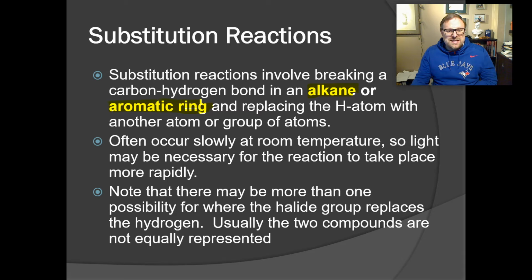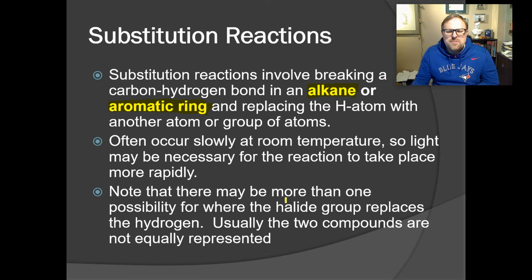Sorry, that's a lie. We're dealing with alkanes or we're dealing with aromatic rings, only carbons and hydrogens on them already. Okay, and then we're replacing the hydrogen atom that we broke off with another atom or group of atoms. Okay, these often occur slowly at room temperature, so light may be necessary for the reaction to take place.